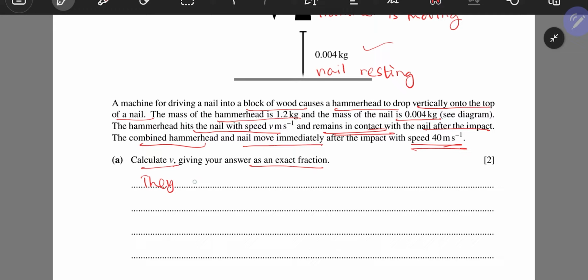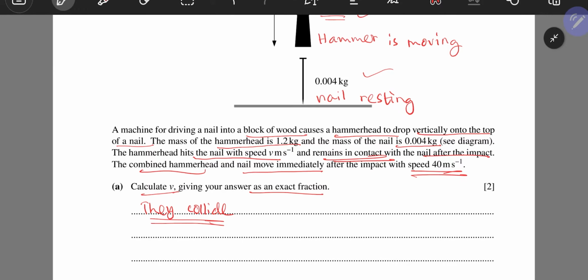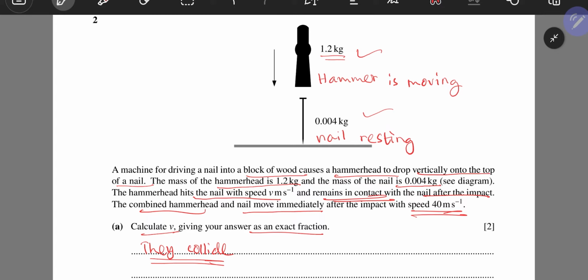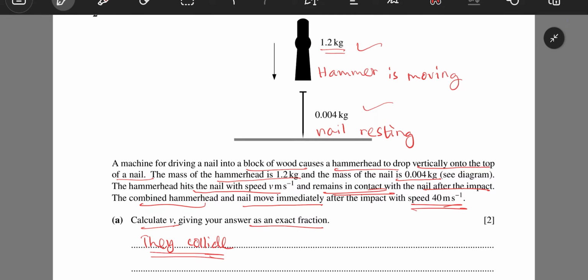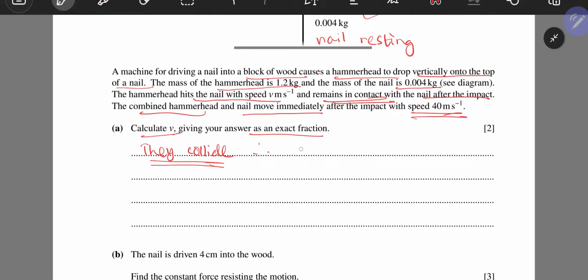Note that you don't have to write these in words. This is just for the explanation. So the hammer is colliding with the nail, and after they collide, they move with the speed of 40 meters per second. So therefore, this is a question of momentum.